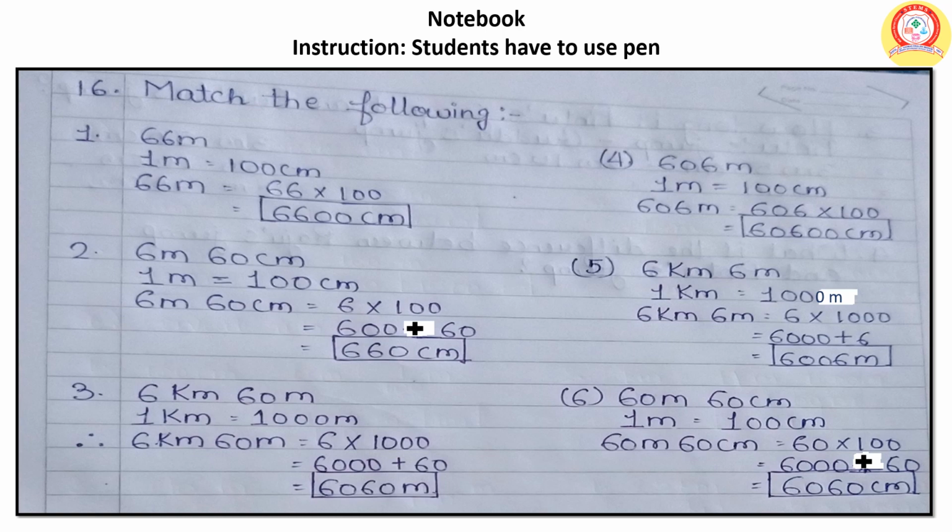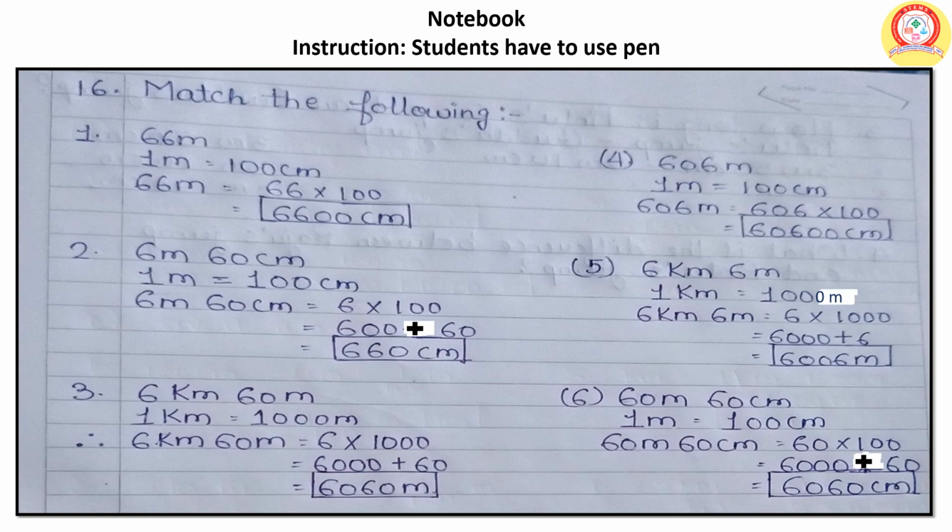Question, 6 kilometer 60 meter is equal to how much meter children? So 1 kilometer is equal to 1000 meter, then 6 kilometer 60 meter is equal to how much meter children? So 6 multiplied by 1000, we will get 6000, plus 60 meter, we will get 6060 meter.